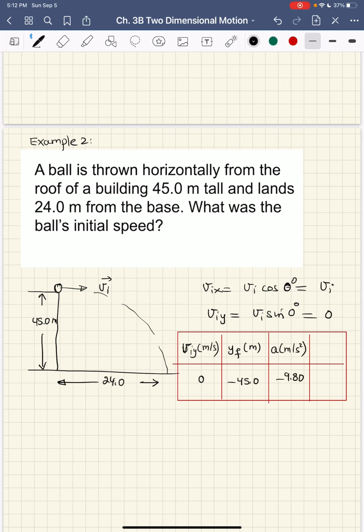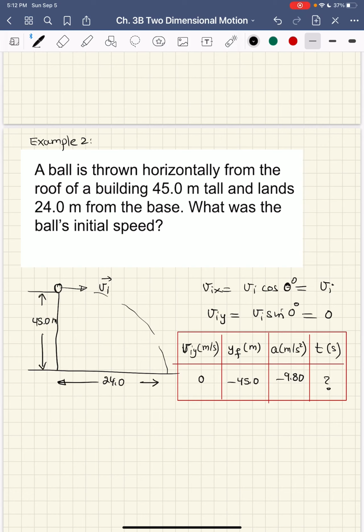Here I'm adding another digit because I have 3 sig figs. And finally, don't mix x with y, okay? You're going to solve for x by itself, for y by itself. What else do I know? I'm looking for the time, because this is the only connection between the two motions.